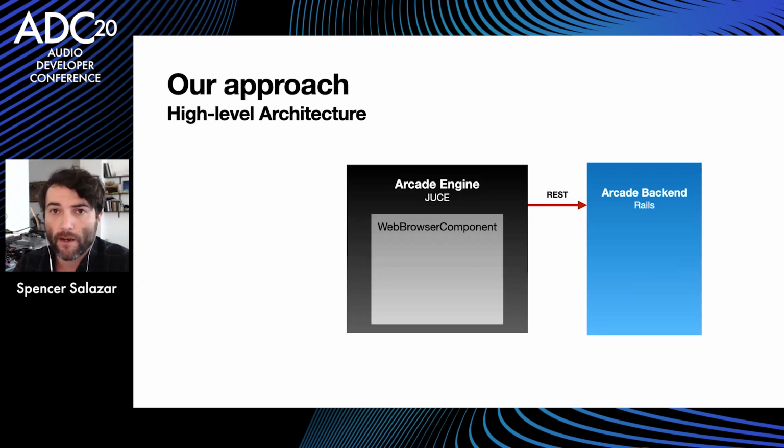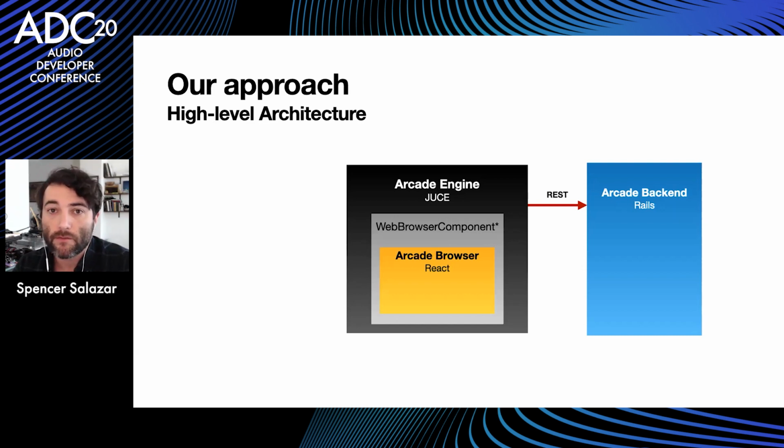Within that, we have a web browser component. And so this is the starting point for our web-based GUI. And I'm going to put a little star next to web browser component because in fact, we made a few modifications to support some of our specific needs. Then within that, we're running the Arcade browser.